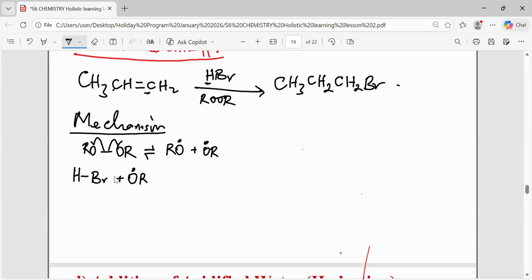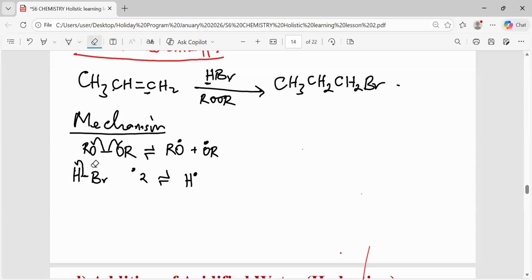And then, of course, we can show, okay, maybe let me remove this. So this one will break homolytically. And then finally, we shall have hydrogen with a free radical. Is it hydrogen? Oh, sorry. We can reverse this.